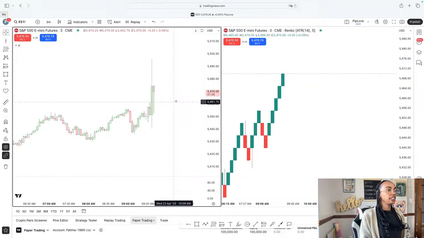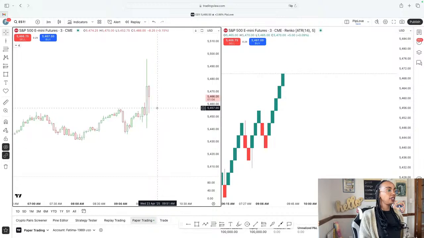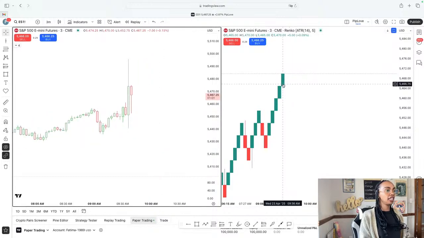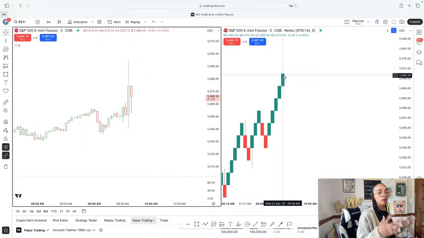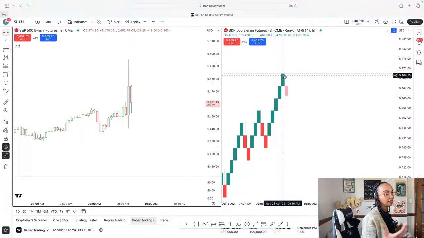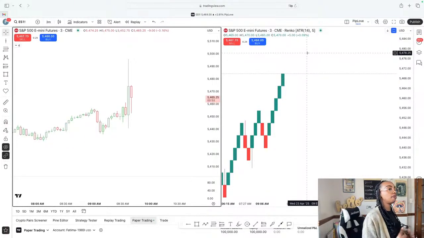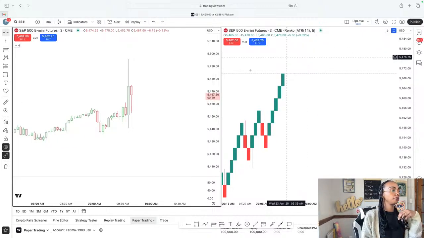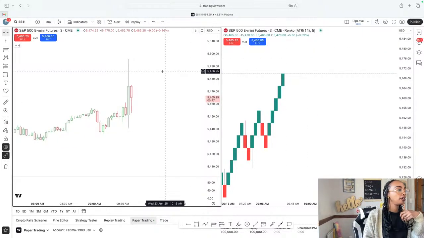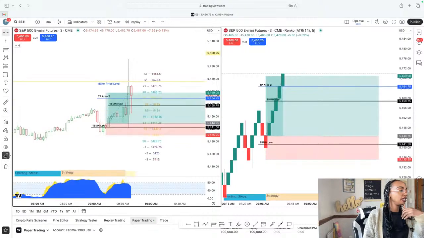And so as you can see, this huge red candle here, we have this engulfing thing. Our Renko bar is still green. That's giving us an indication that the market still wants to give us buying power. Still wants to buy. We still have volume on the buy side. Okay.